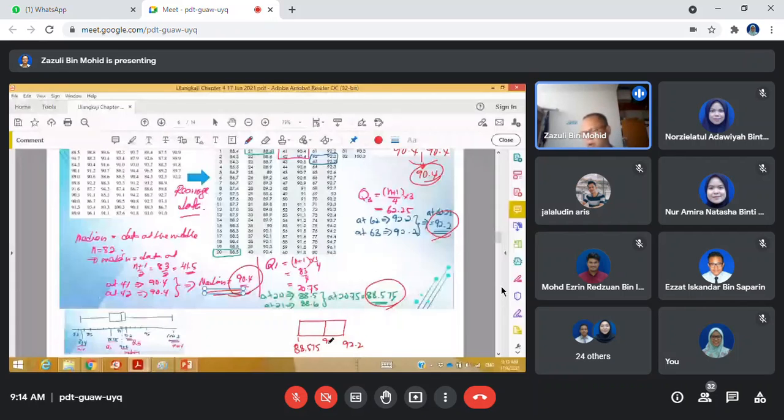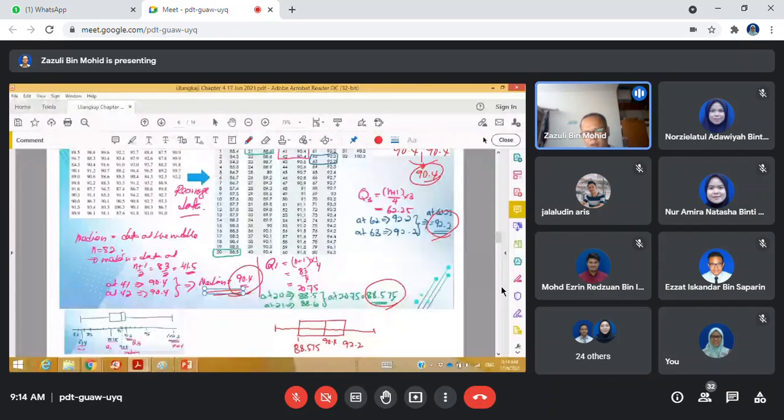How about the whiskers? Okay, whiskers. To draw the whiskers, this example here I took from the books. Actually, when we draw the whiskers, there is a way.